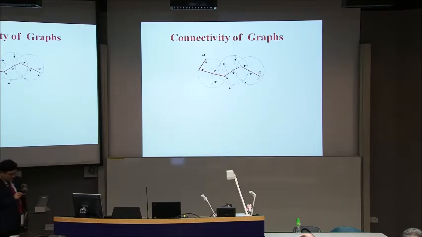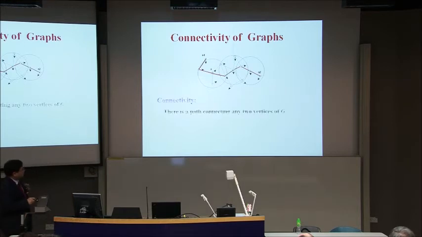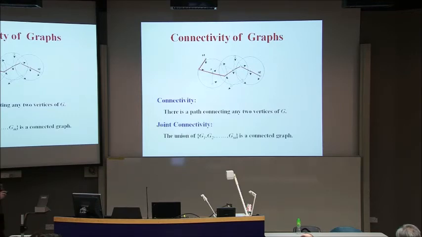I believe many of the audience, if not most, certainly know the definition of connectivity. If there is a path connecting any two vertices of a graph, then we call the graph connected. For joint connectivity, if a union of the graphs is a connected graph, then it is jointly connected.